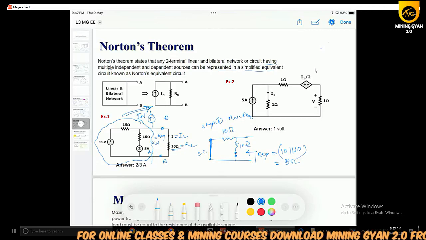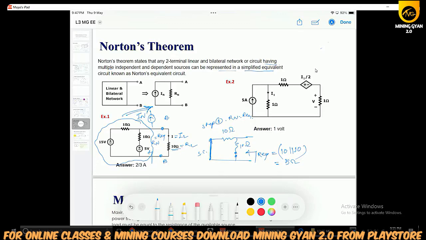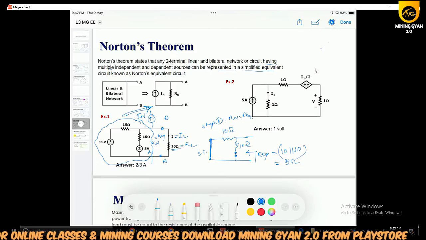But in the case of Thevenin's theorem, it's easier to apply the KVL equation or mesh analysis, or for series connected elements in a circuit. If there are many series connected elements, then you can go for mesh analysis or Thevenin's theorem.